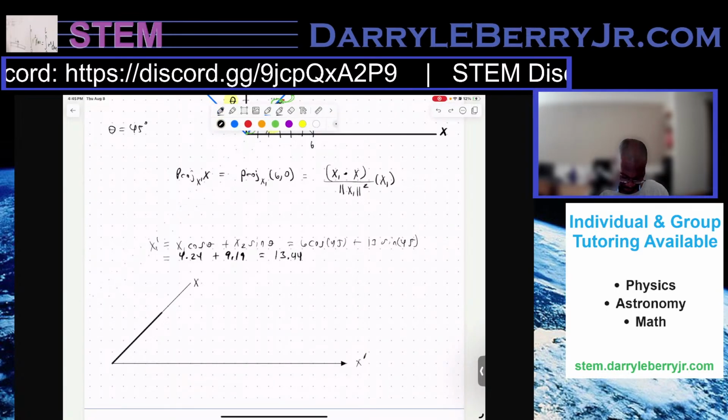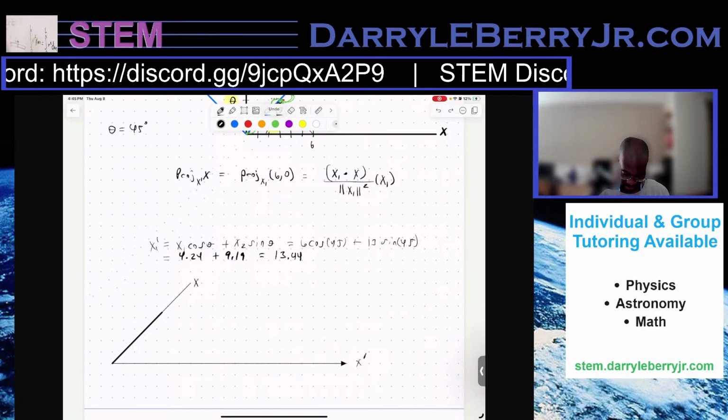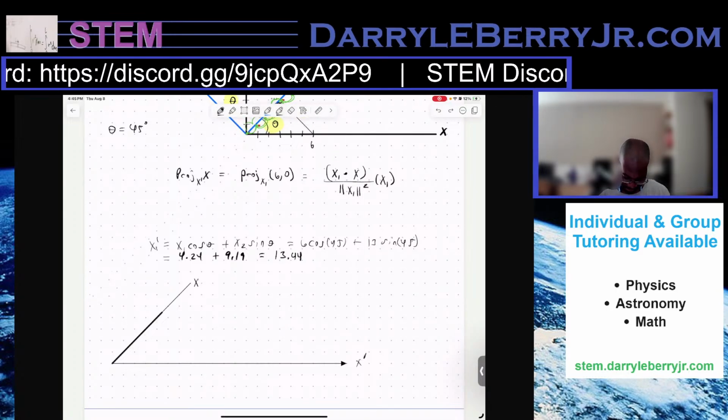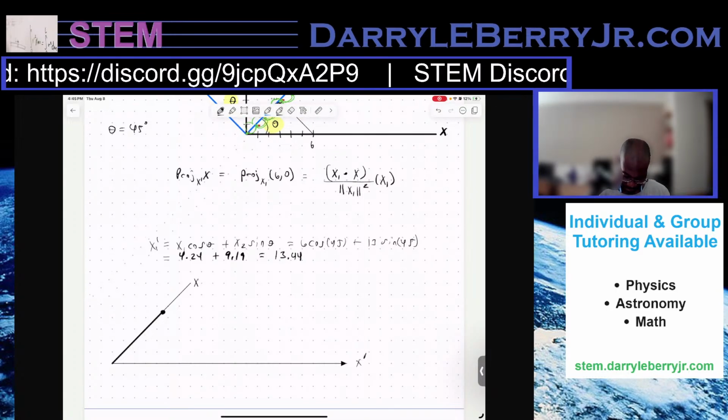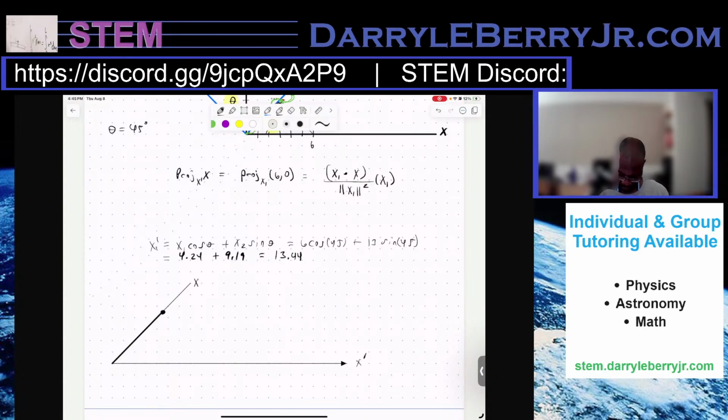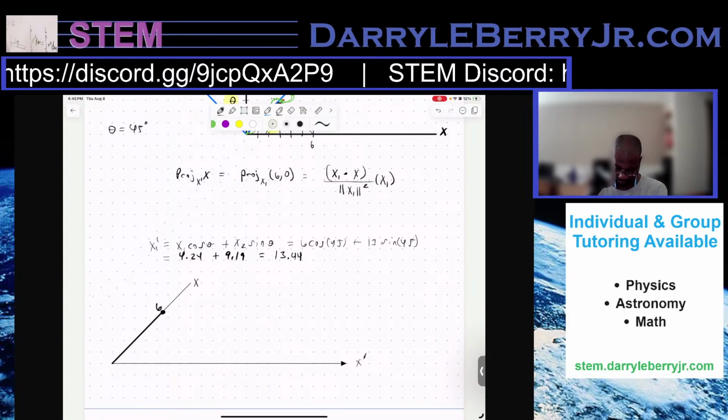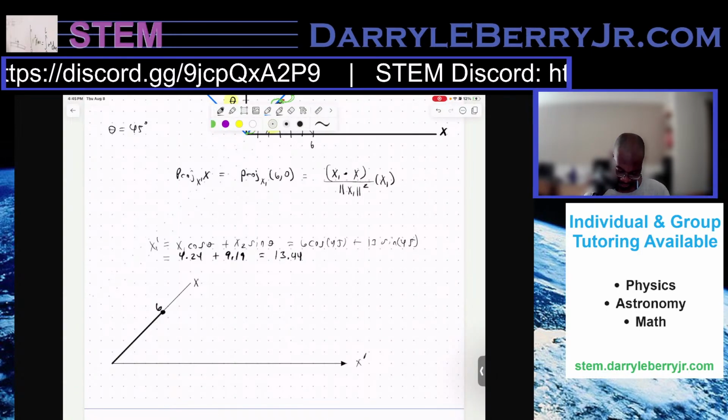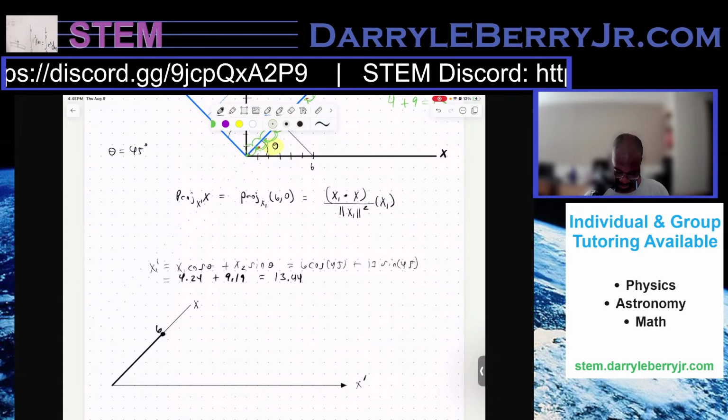This is our x value. So I'll draw an arbitrary length. So this is 6. So this is 6 only along the x-axis.